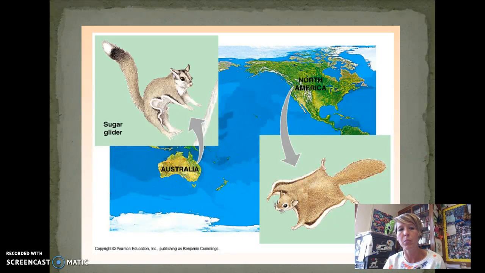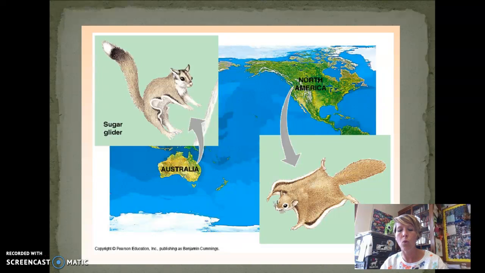A great example of this is the sugar glider that inhabits Australia, and the flying squirrel, which inhabits North America. Very similar in traits that they show, because North America and Australia have very similar environmental selective pressures. So over time, these organisms have started to almost reflect each other in regards to trait.